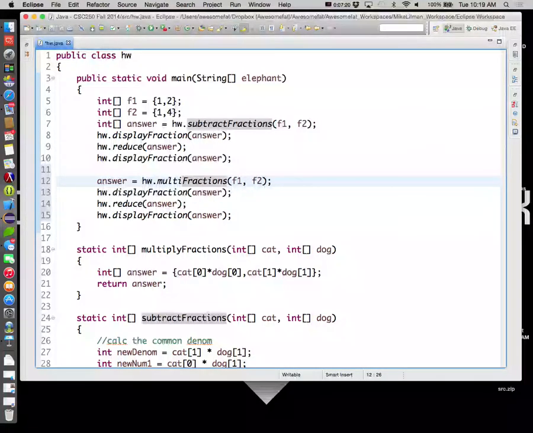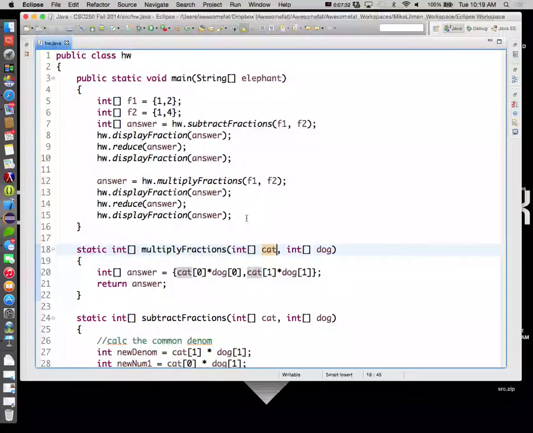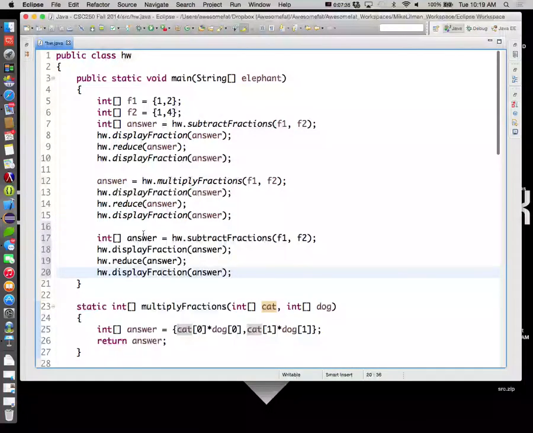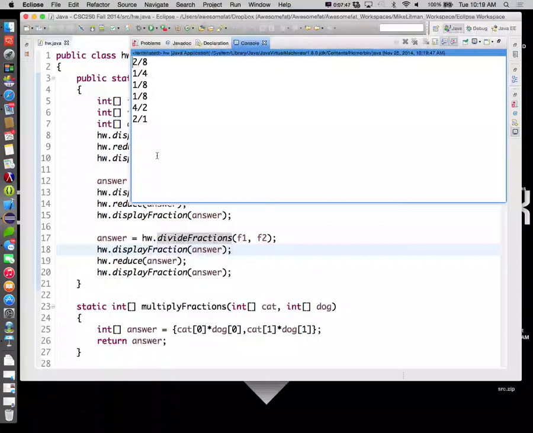So this will be multiply. What should multiply be? 1/8. Okay. Let's just see that real quick. 1/8, 1/8. And then what should divide be? 2/1.